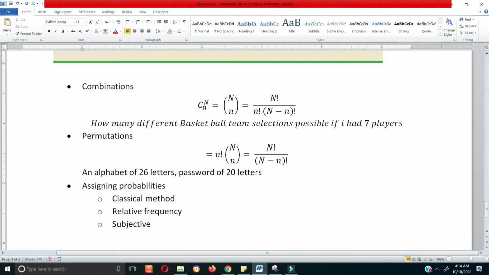I hope that is small enough. I want us to deal with a very big number. So the bigger the selection, the fewer the permutations based on this.